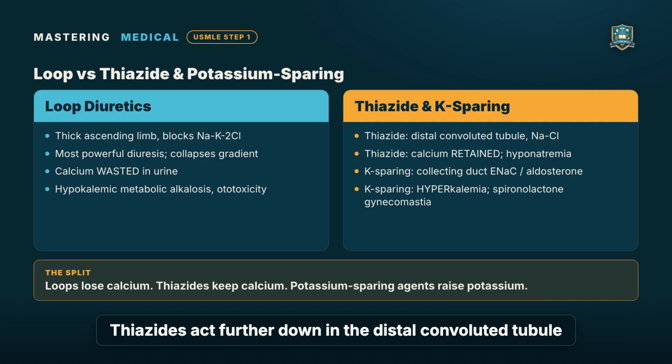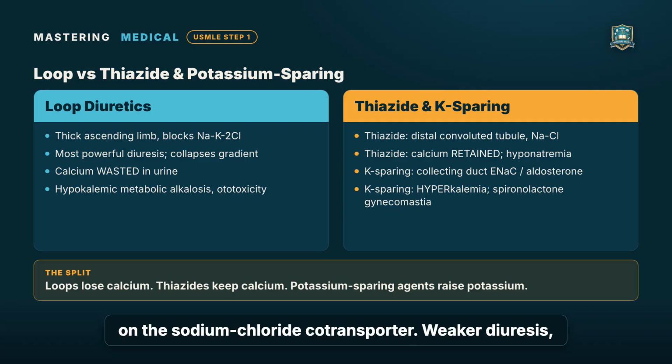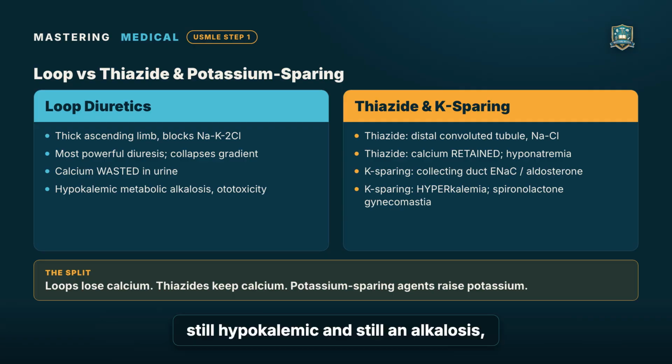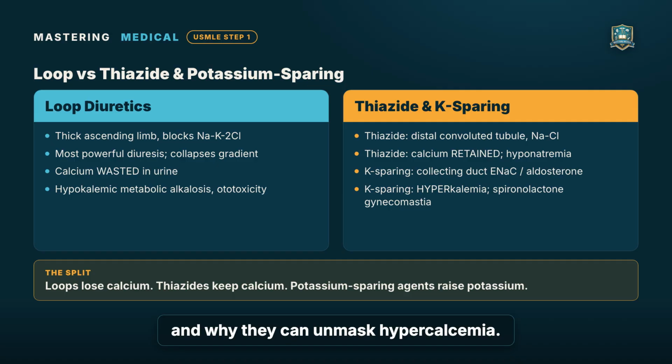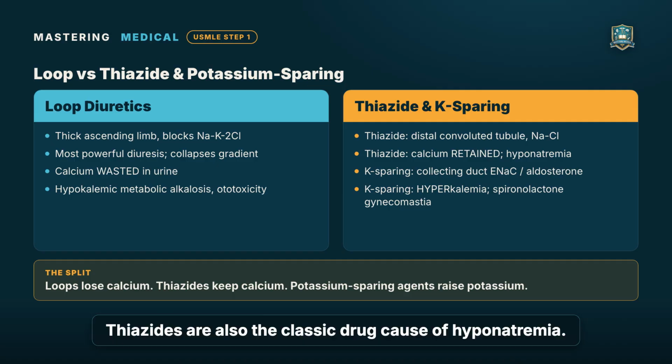Thiazides act further down in the distal convoluted tubule on the sodium chloride cotransporter. Weaker diuresis, still hypokalemic and still an alkalosis, but the calcium goes the other way. Thiazides retain calcium, which is why they help calcium stones and why they can unmask hypercalcemia. Thiazides are also the classic drug cause of hyponatremia. Potassium-sparing drugs act last in the collecting duct.